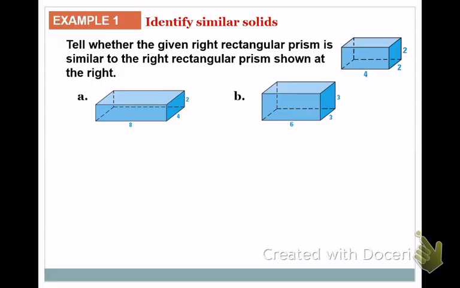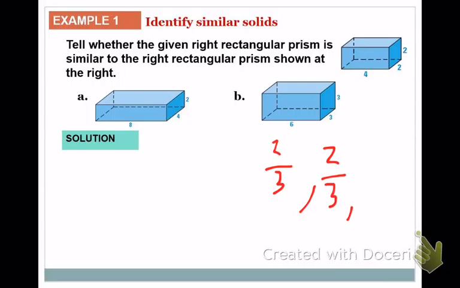That's right. What about 6, 3, and 3? Is that similar to 4, 2, and 2? Well, we can compare these: 2 to 3, that's reduced. We've got 2 over 3 for one side. Here we've got 2 to 3.